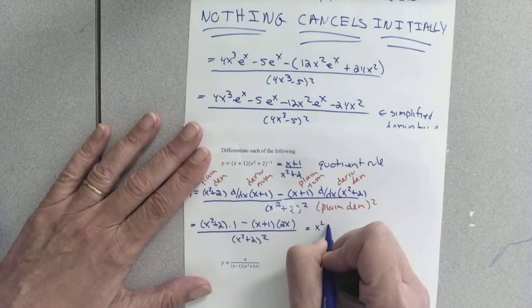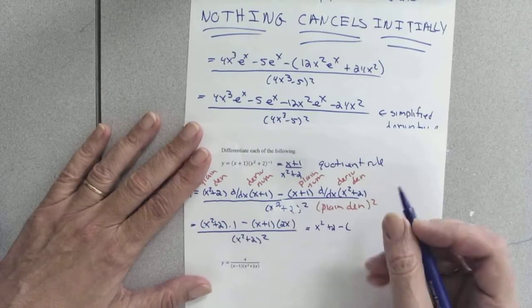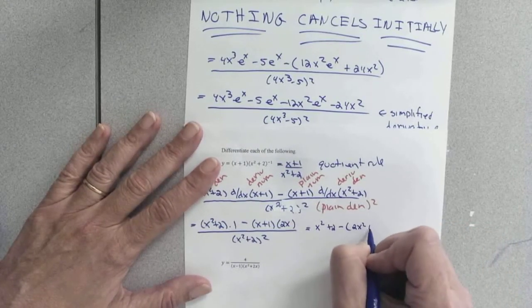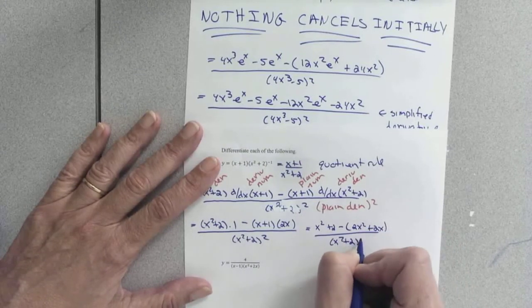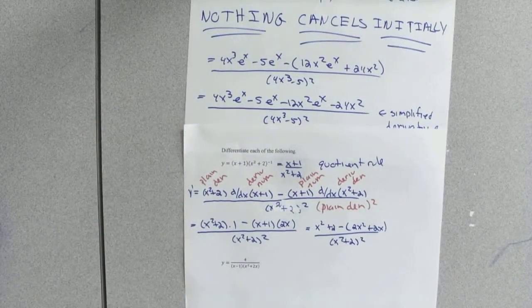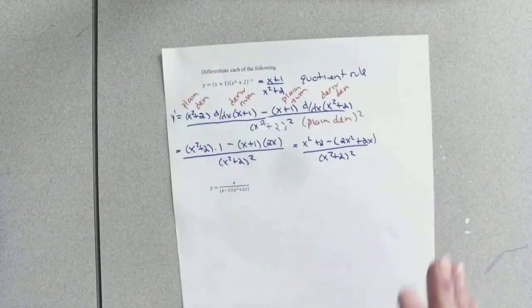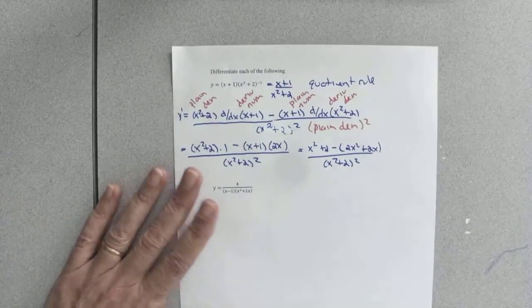Simplifying, so that's going to be x squared plus 2 minus the quantity 2x squared plus 2x. Just multiplying out the numerator. Notice I didn't cancel anything. Nothing cancels initially, 99% of the time.